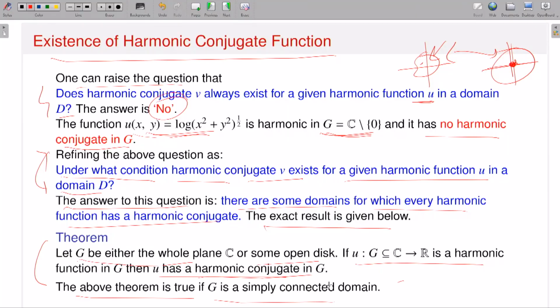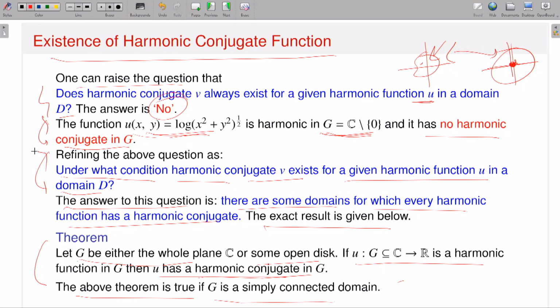So the harmonic conjugate of a given harmonic function always exists. I just need some procedure to calculate the harmonic conjugate, which I will explain. So for the existence part you do not worry. The next part is how to calculate the harmonic conjugate.